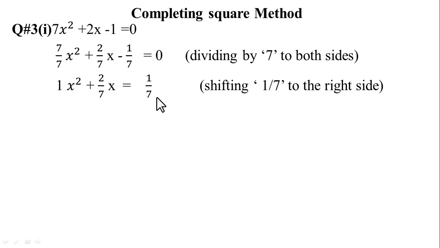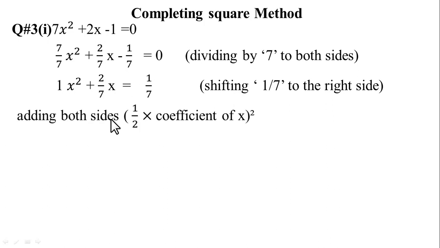Then we add to both sides 1 by 2 multiplied by the coefficient of x, whole square. Here the coefficient of x is 2 upon 7. Then 1 by 2 multiplied by 2 upon 7, whole square, on both sides.